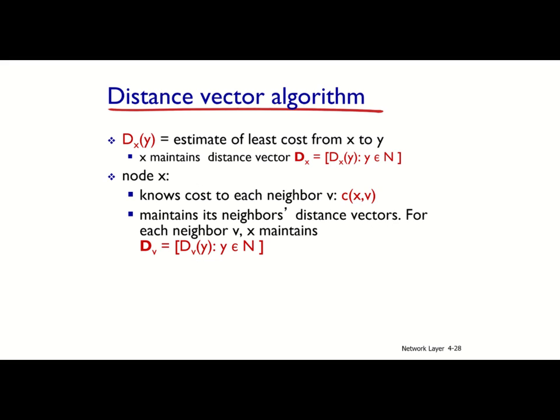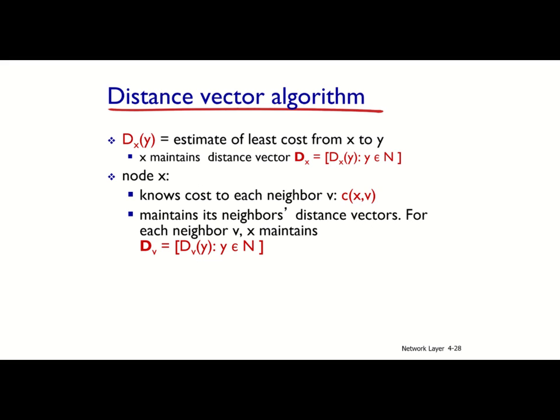Every router like x maintains the distance vector of itself from all other nodes in the graph, and then it shares its distance vector with its neighbors, and also stores the neighbors' distance vectors.